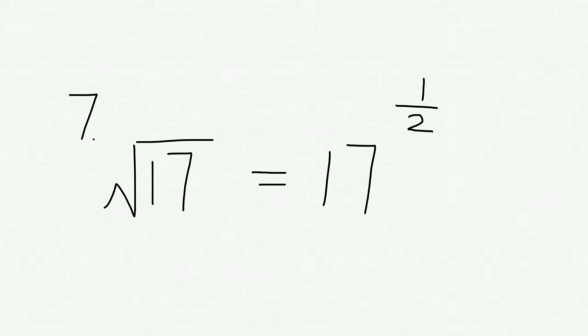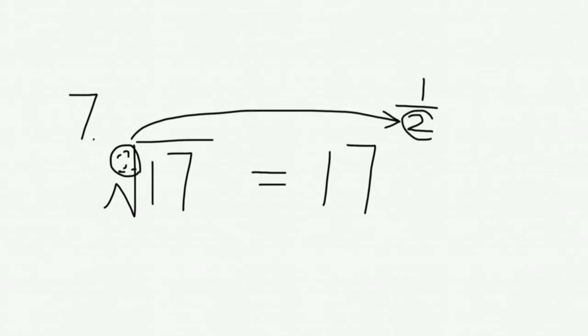Again, if you don't see a number written, 2 is assumed. Rewriting the radical expression square root of 17 gives 17 raised to the 1/2 power. That's radical into rational exponent form.